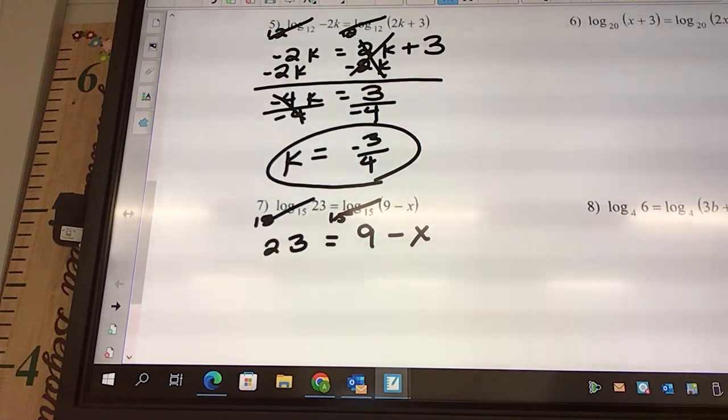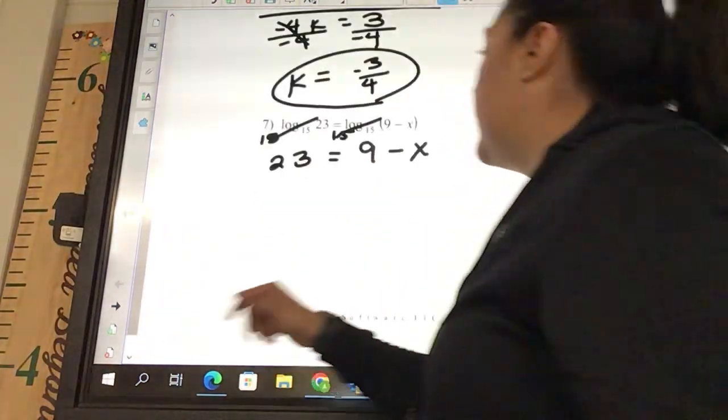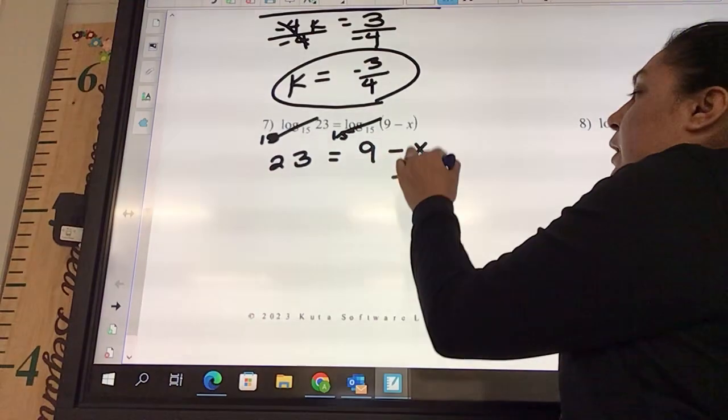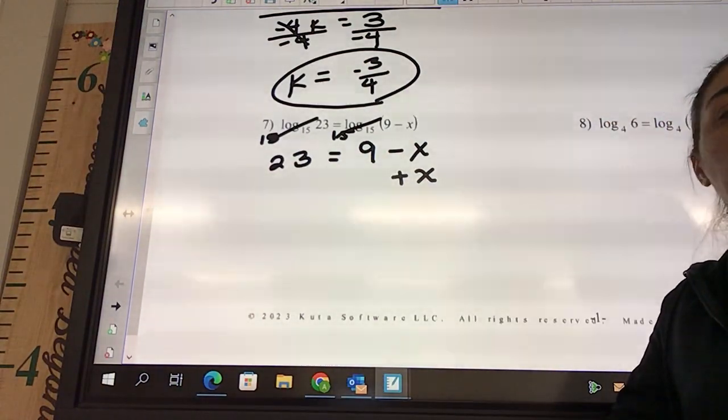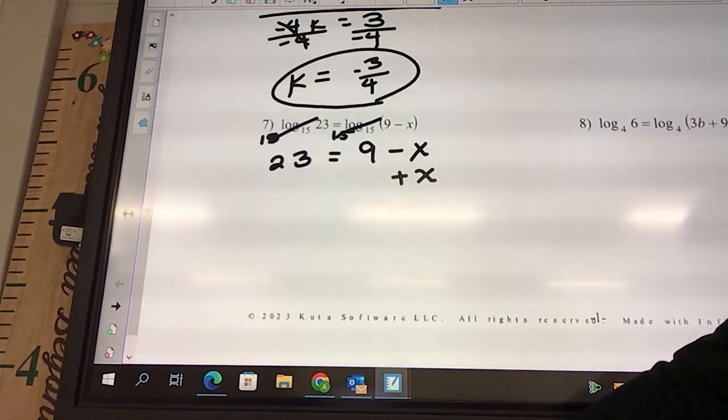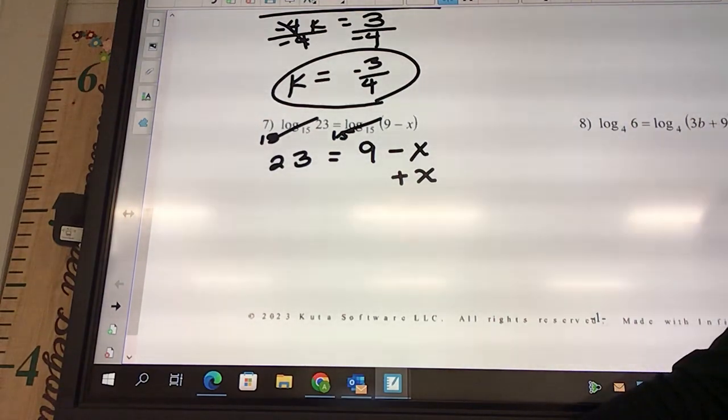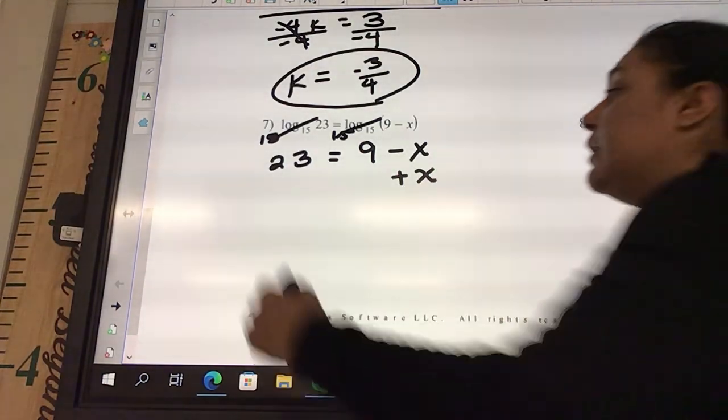However, there are other ways to solve them, so if you do it a different way than me, that's totally fine. What needs moved? The x does need moved, and where are we going to put him? Why can't we put him with the 23? He doesn't have a letter. You can only put letters with letters, so he's going to go over here.